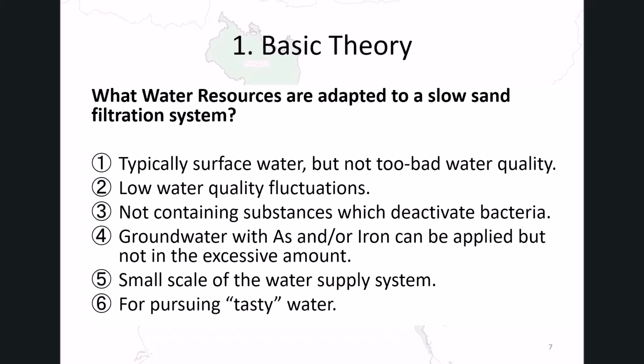Slow sand filtration is best suited for small-scale systems due to the slow speed of the filtration, which cannot treat huge amount of water. This system is particularly known for producing water with good taste because it relies on natural biological treatment rather than heavy chemical intervention.